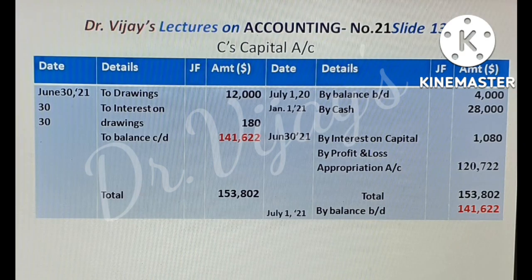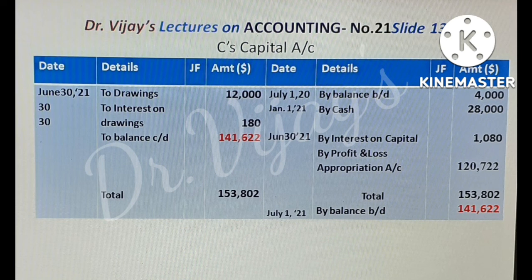C's capital account: on July 1, the opening balance was 4,000. Then a further 28,000 was introduced on January 1, so the closing balance of C's capital before adjustments is 32,000.